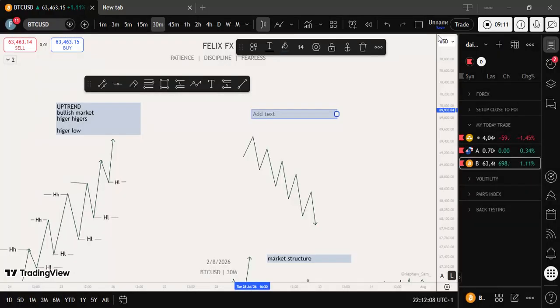You should be able to identify this as a downtrend, or your bearish market.